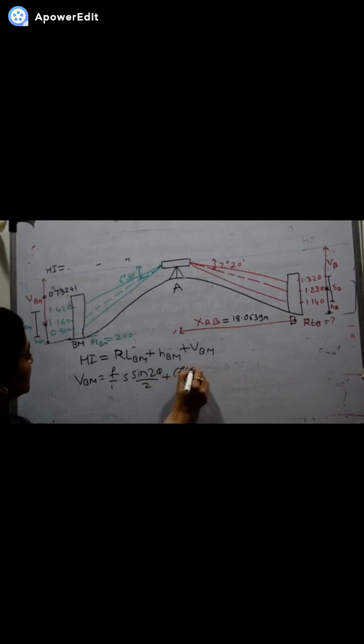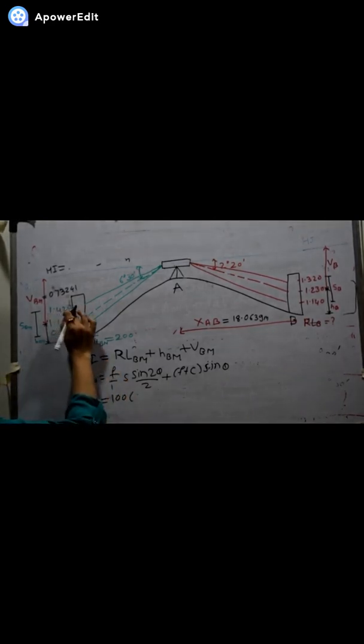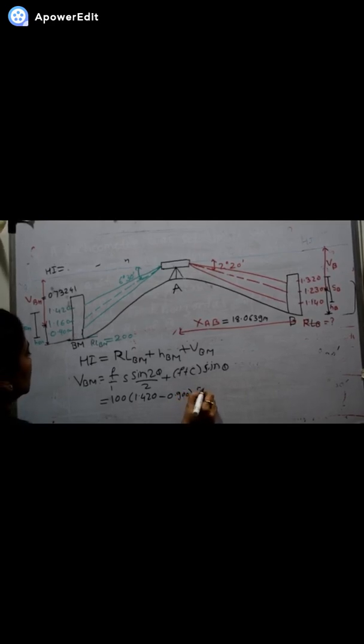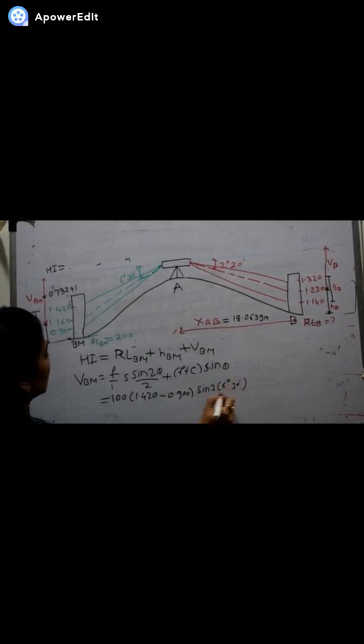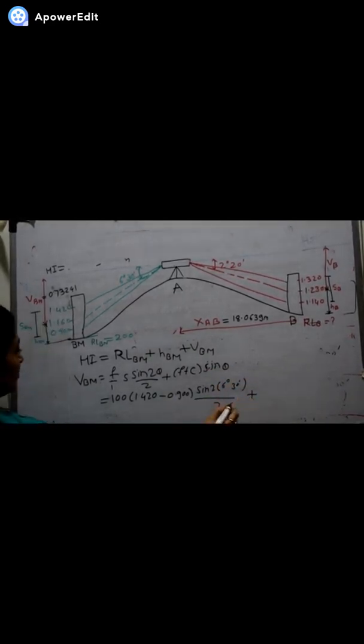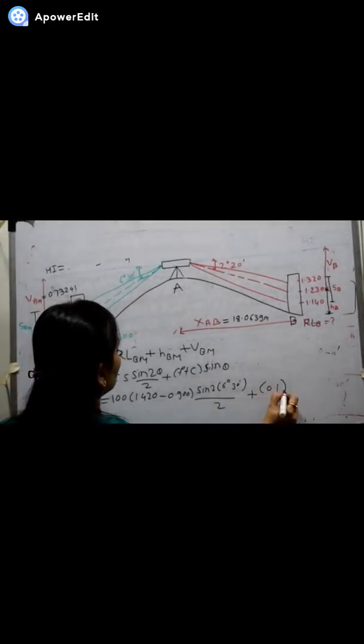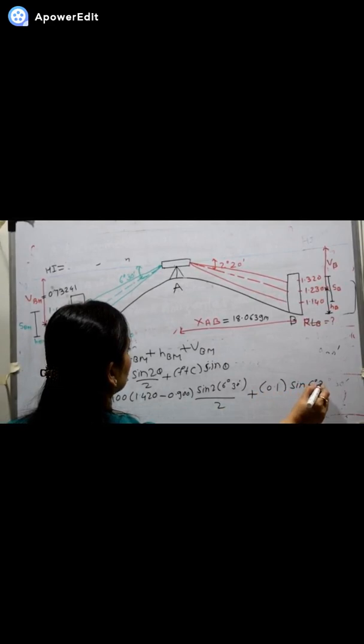F by I sine 2 theta by 2 plus F plus C sine theta. The value of F by I is 100. We know that S is 1.420 minus 0.900, sine 2 into 6 degree 30 minutes divided by 2, plus the value of F plus C they have given 0.1 sine 6 degree 30 minutes.